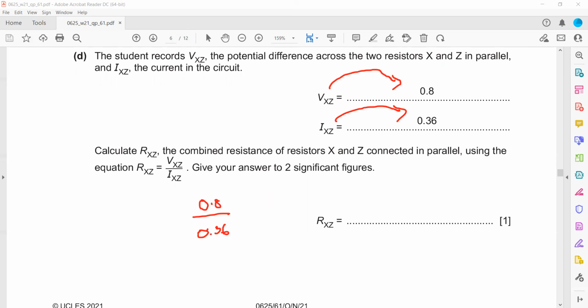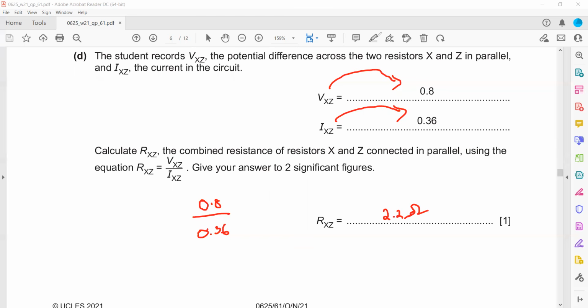What's the answer for this? When we divide 0.8 by 0.36, we get 2.2. So 2.2 ohms is the resistance of this part.